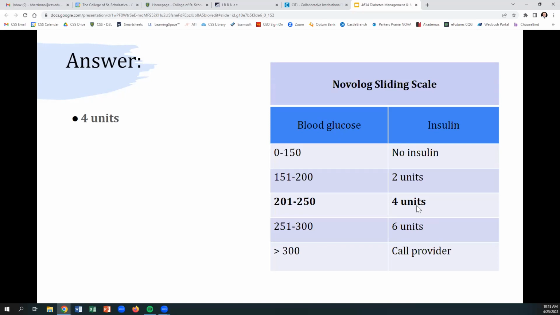This is where your advocacy, critical thinking, and clinical judgment come into play. You can look back at the record and say, for the last 2 or 3 or 4 shifts, this guy's blood sugar has been really high no matter what insulin we're giving him. Then go to the provider and say, for the last 3 shifts we've been giving 6 units of insulin at every single meal. Is there any chance we can tighten up this sliding scale a little bit? Oftentimes providers will have no problem doing that.